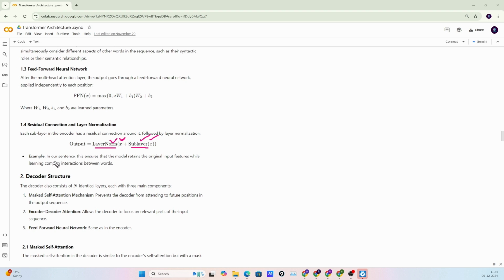The objective is to ensure that the model retains the original input features. While learning the complex relationships between the words, between the tokens, by multi-head attention and the feed forward neural network during training, our objective is to retain the original input features also. So how do we achieve this? We achieve it by using this residual connection.